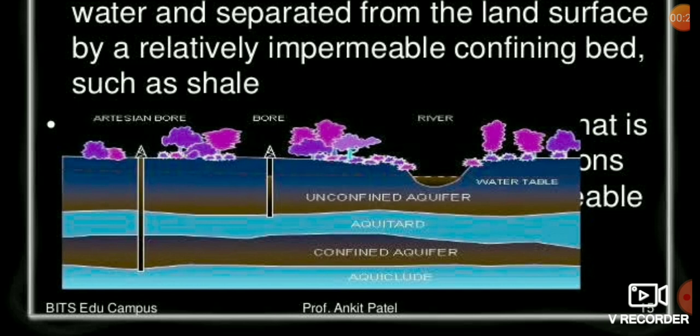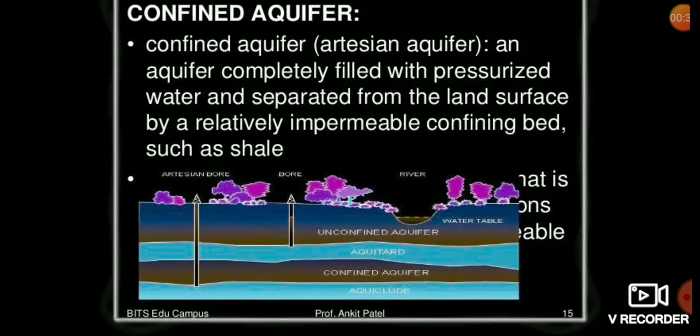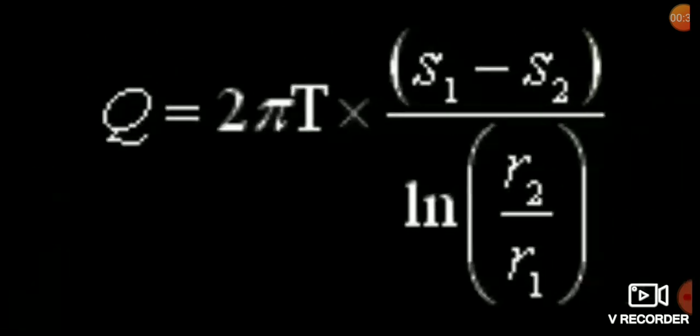Means the aquiclude is at the bottommost point and the unconfined aquifer is at the topmost point. So friends, now you see this is the discharge formula for confined aquifer, that is 2 pi T into S1 minus S2 divided by ln R2 by R1. Friends, here instead of S1 and S2 you can replace it by H1 and H2.